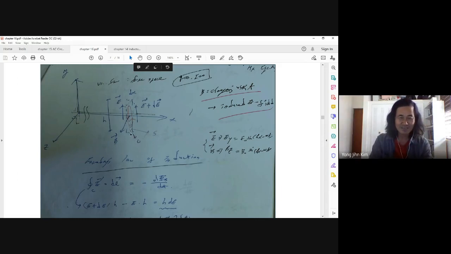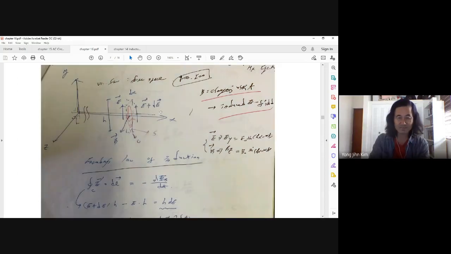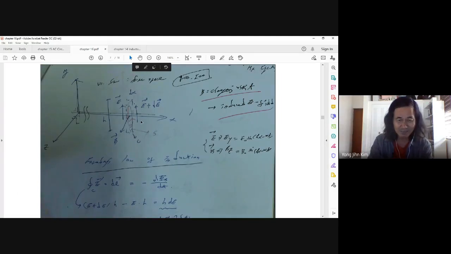Here the electric field is E, and when we move a little bit by distance dx, the electric field is E plus dE. From here to there, the distance is h. Here the electric field and displacement are in the same direction. In this part, the displacement is perpendicular to the electric field, so the contribution is 0.